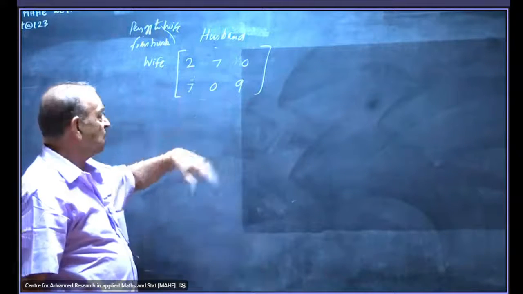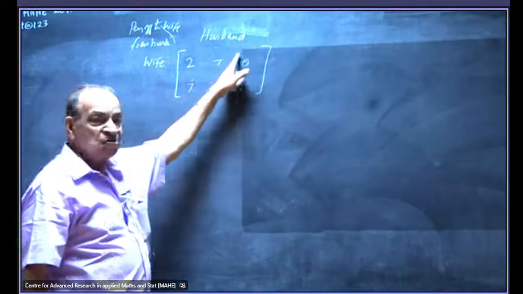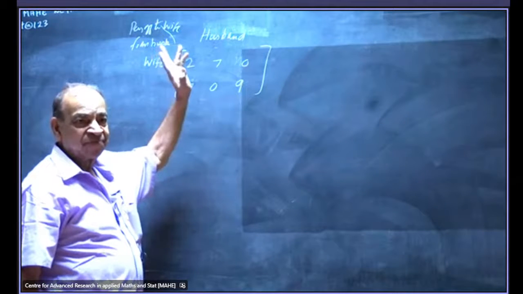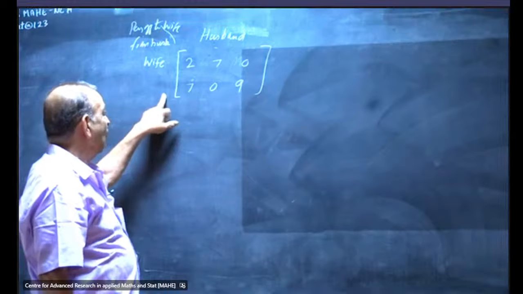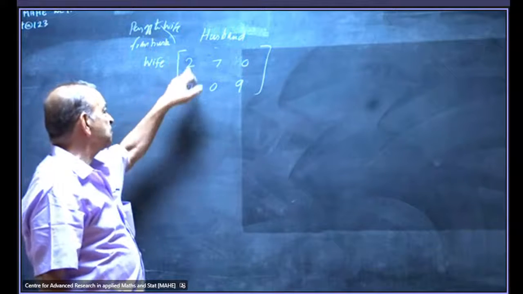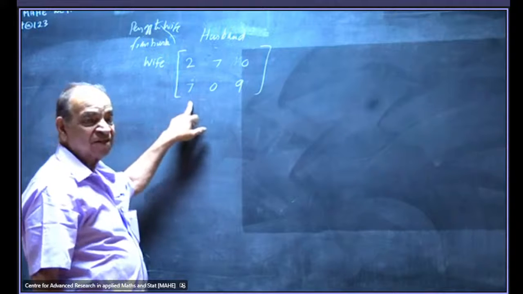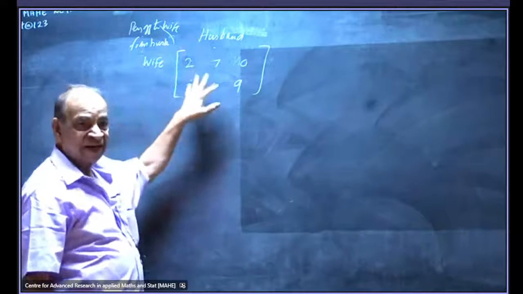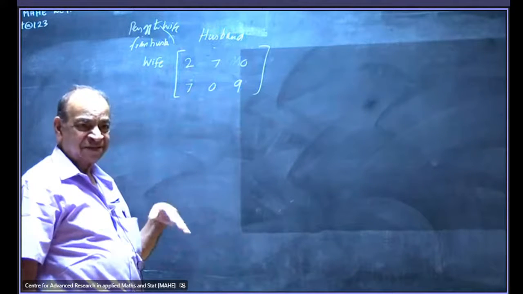After they have done, suppose the wife chose the first row and the husband chose the third column, the husband pays nothing. If the wife chooses the second row and the husband chooses the first column, then the wife gets 7 rupees from the husband. She is always on the receiving end. Even if she is on the receiving end, that doesn't mean anything.